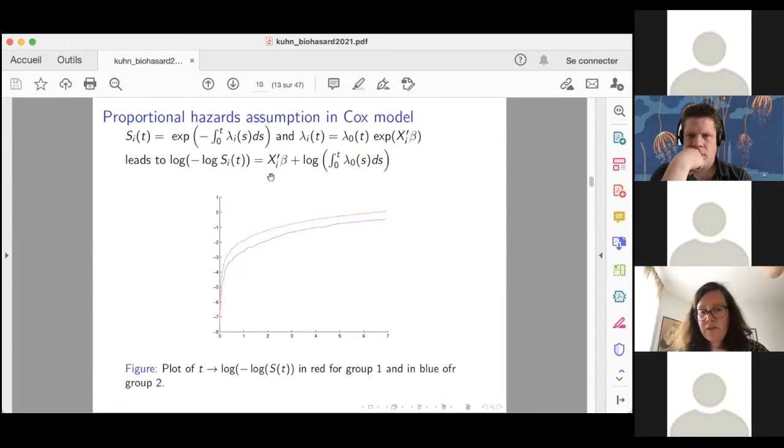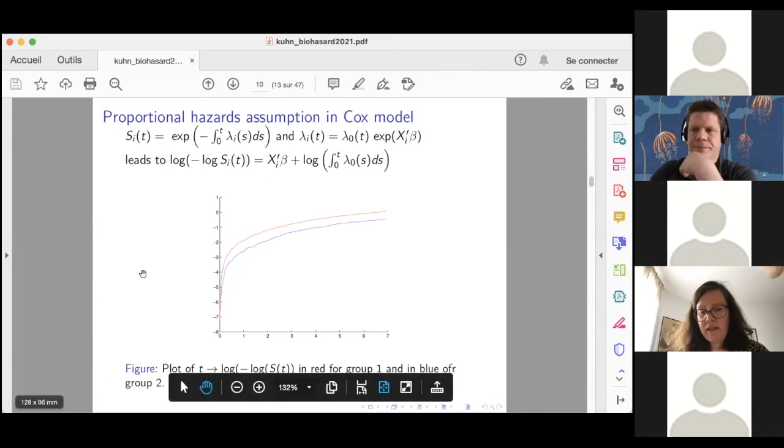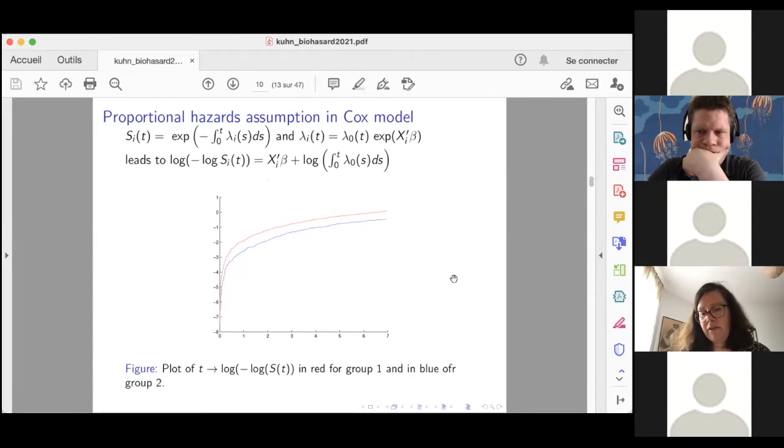So if you do some plots, for example, here I have two groups in my population, group 1 and group 2, and two covariate values different in these groups, so x1 and x2.